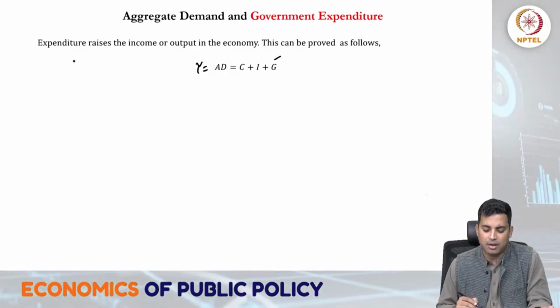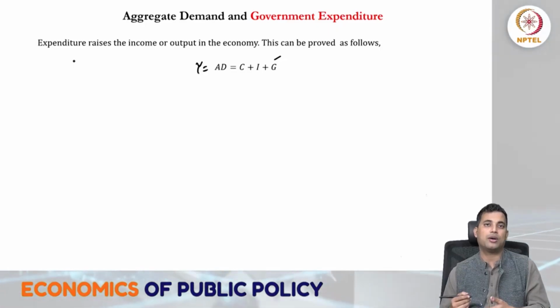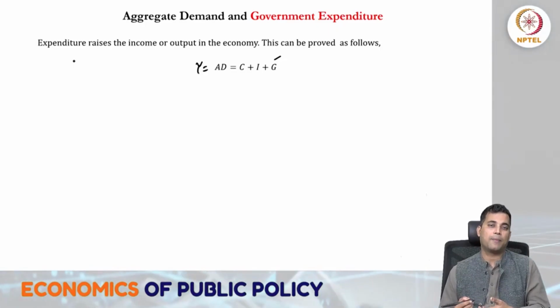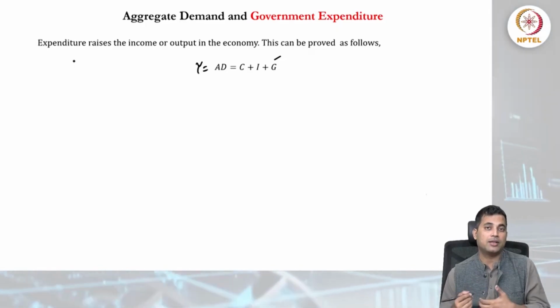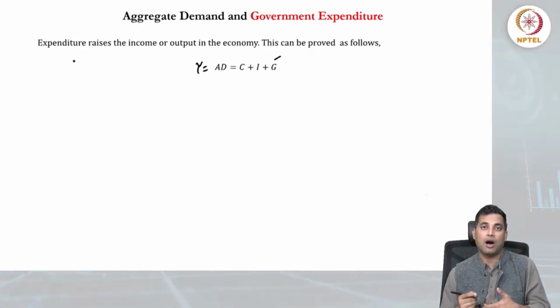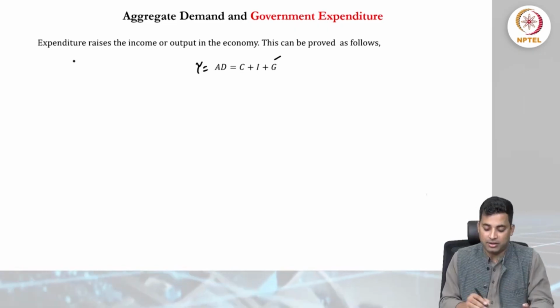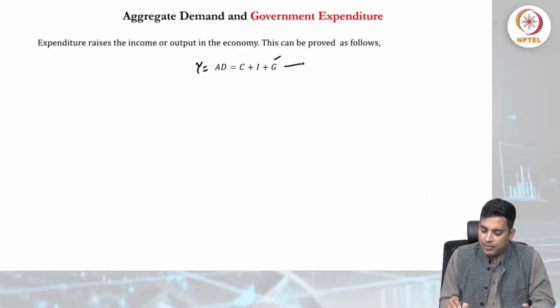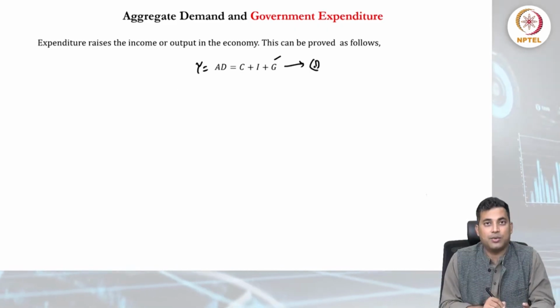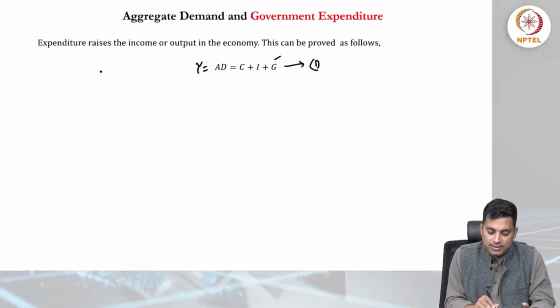Expenditure raises the income or output in the economy, and how government expenditures are connected with the total output, we can show through the multiplier effect.